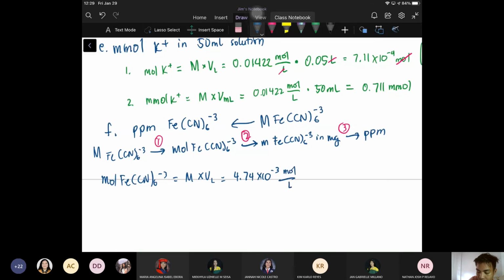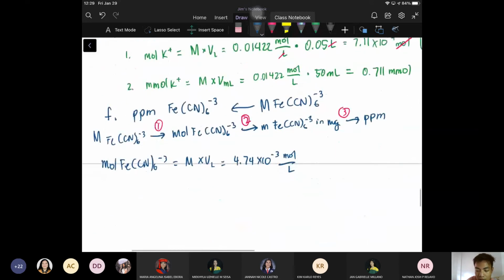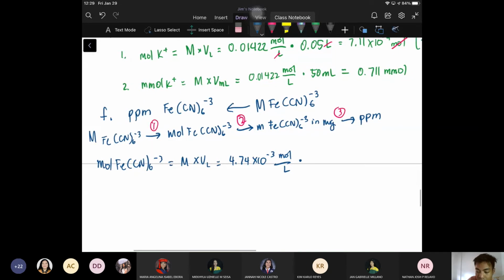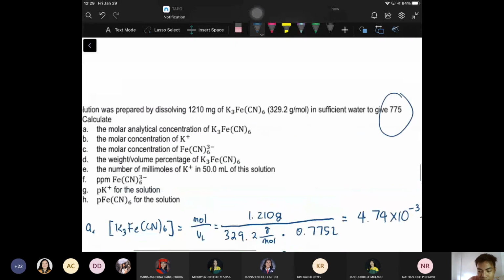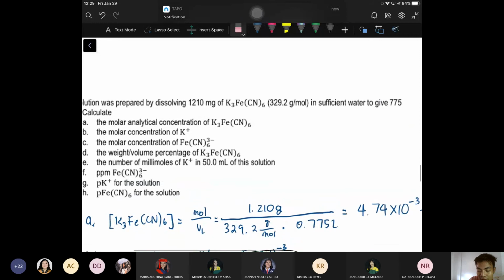Okay, so yan. Tama ba? Okay, so that's 4.74 times 10 raised to negative 3 moles per liter times the volume of the solution in liter, which is 0.775. Sir, saan galing yan? Sa problem. Yan yung volume ng solution.